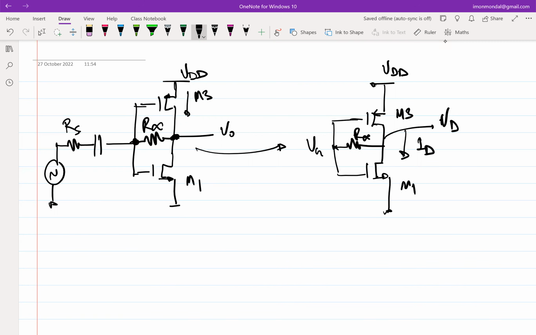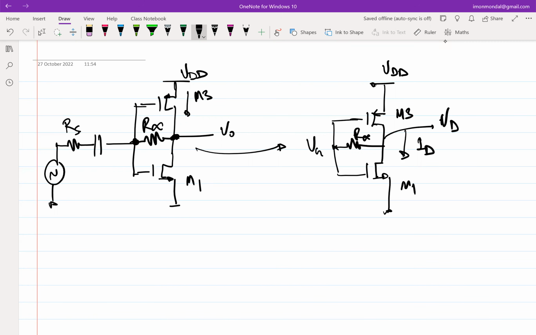So now who is setting the current ID? Why not M3? Both M1 and M3 are in kind of a common source configuration, right? Then who is setting it? VDD can be changed, but let's assume VDD is not changing right now.